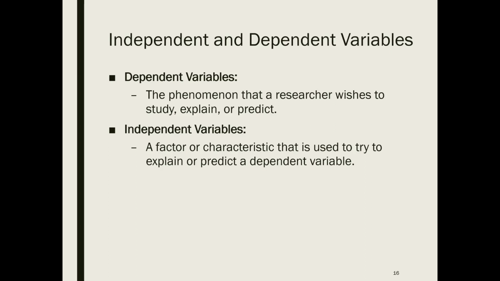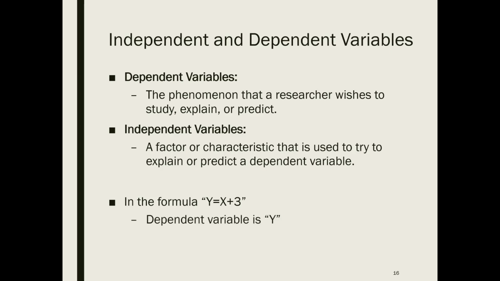And the independent variable is a factor or variable that is used to try to explain or predict a dependent variable. So in a mathematical way, most likely in a formula, for example, y equals x plus 3, we always use this as a classic example to interpret dependent variables, independent variables, variables, and also constants.